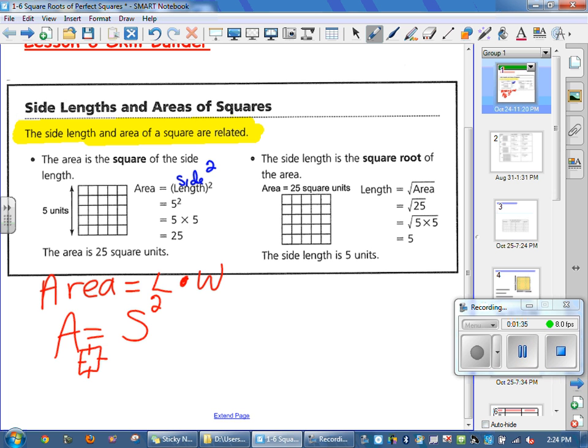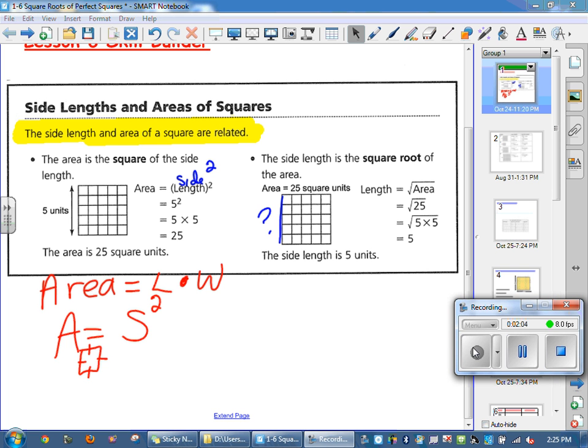Now let's go backwards. If I want to find out how long the side is, and let's say I didn't have an object to look at and count squares, what would I do? I would use the reverse, inverse operations. Since we're using opposite operations, I know that area equals side squared or length times width. Well, what is the opposite of a squared sign? What do you think?